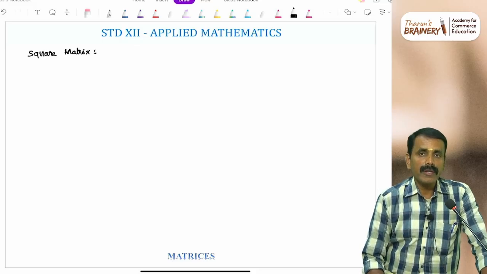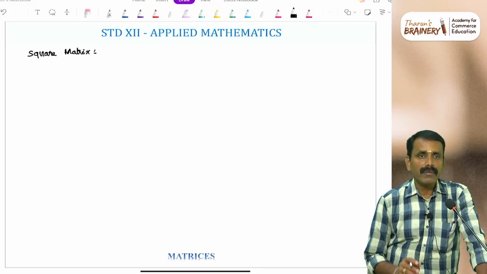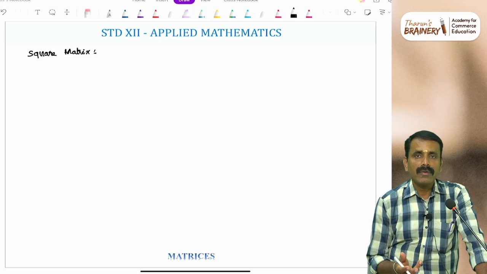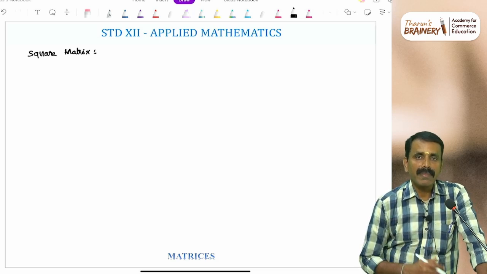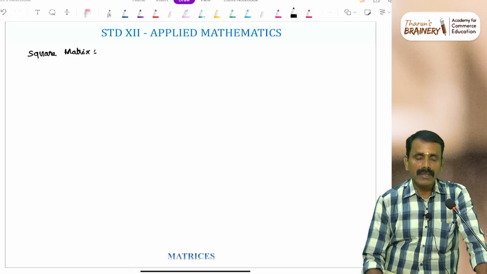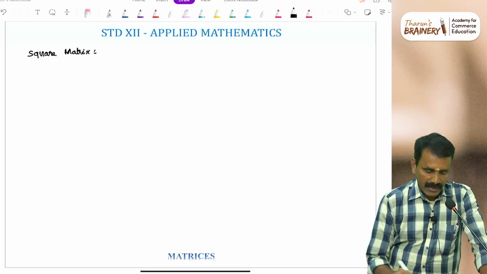How are we going to define the square matrix? Basically, a square has all the sides equal. Is it clear? Now for a matrix, how are we going to define it?